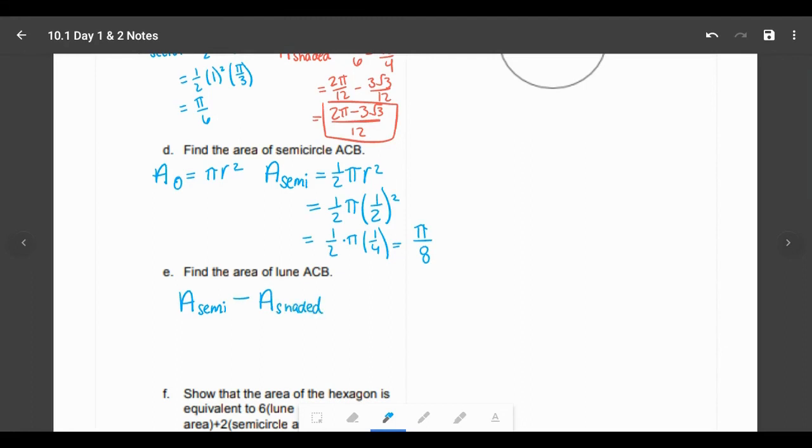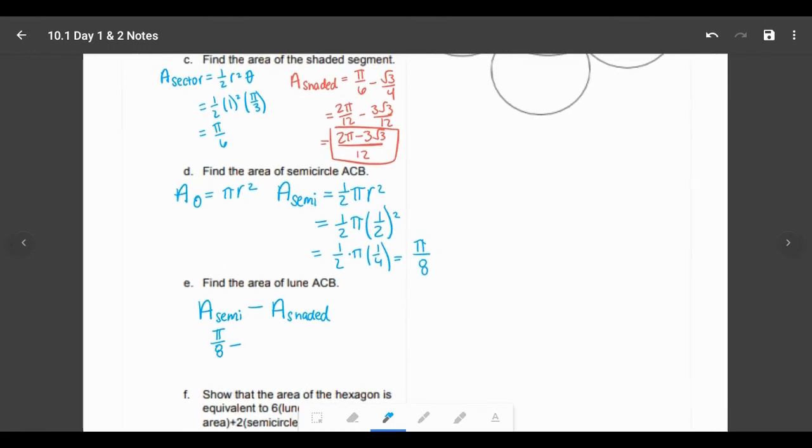And lucky for us, we have found both of these areas. So that should be pi over 8 minus the area of our shaded, which was 2 pi minus 3 root 3 all over 12.